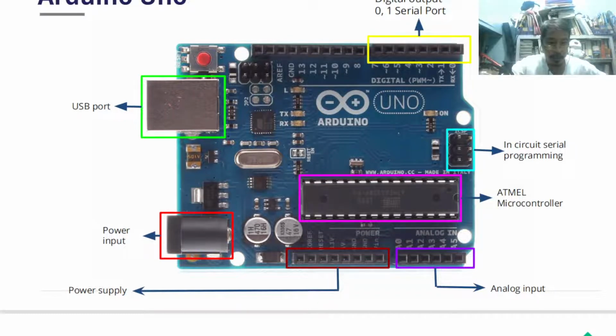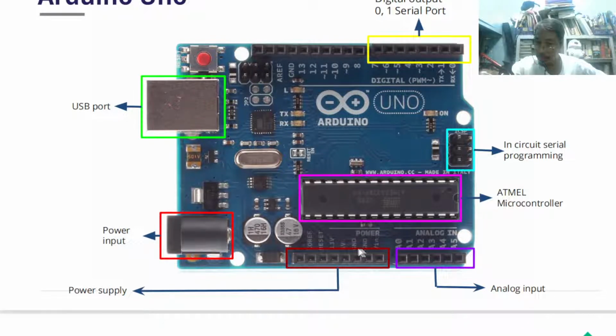The power supply you can directly put here, but again, if you put the power in here, voltage in and ground, do not ever make a mistake, because this board will be damaged instantly.